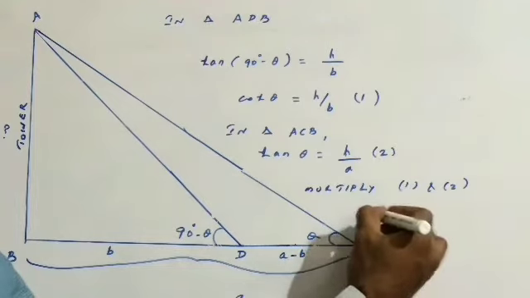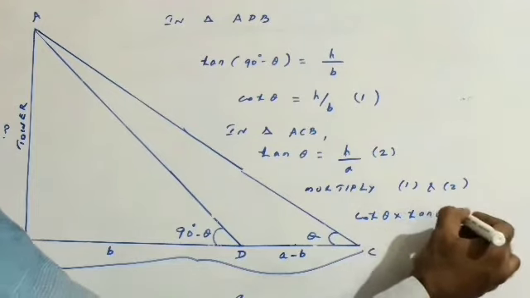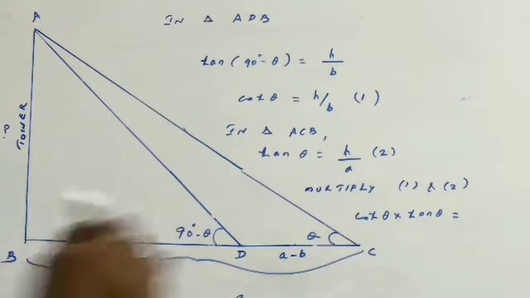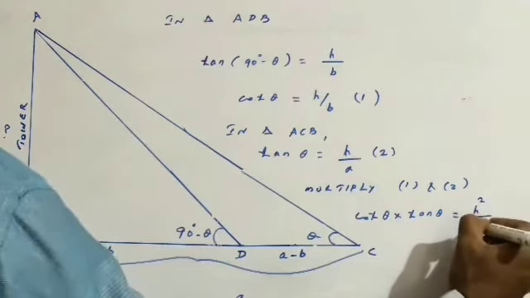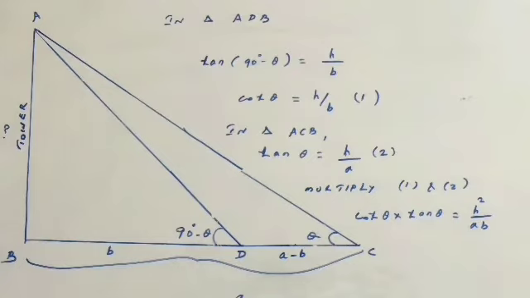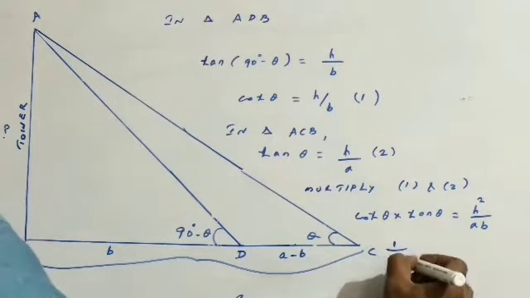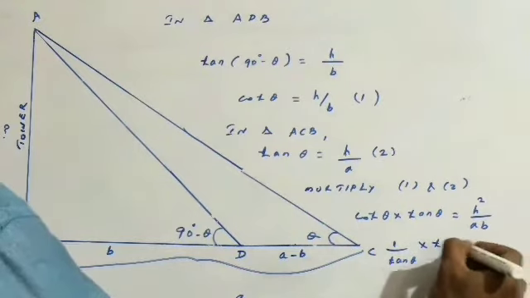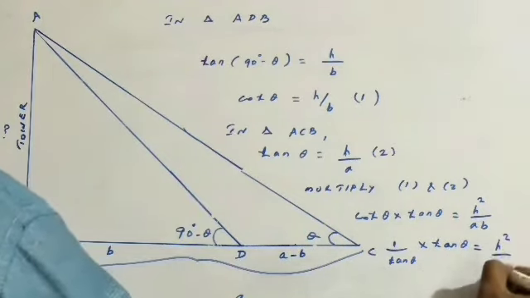So cot theta into tan theta equal to, on the right side, H by B into H by A, that is H square by AB. Now we can write cot theta as 1 by tan theta, into tan theta, equal to H square by AB.